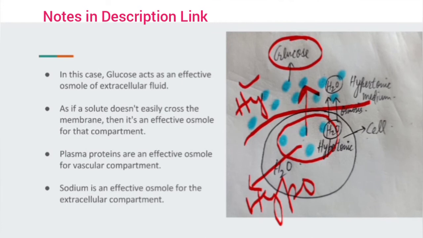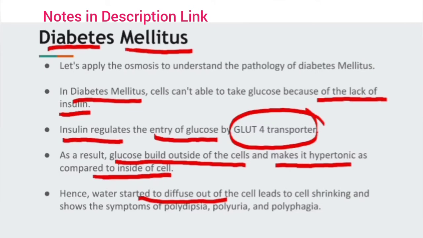What are the consequences we see in the cell because of this shift of water? Because water diffuses out of the cell, it leads to cell shrinking, and it shows the symptoms of polydipsia, polyuria, and polyphagia. Let's understand this.